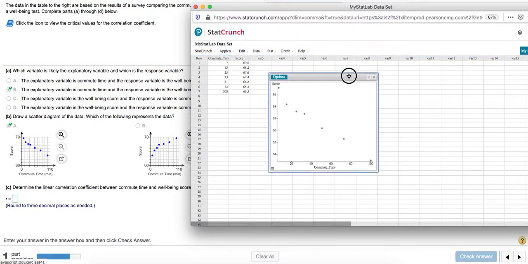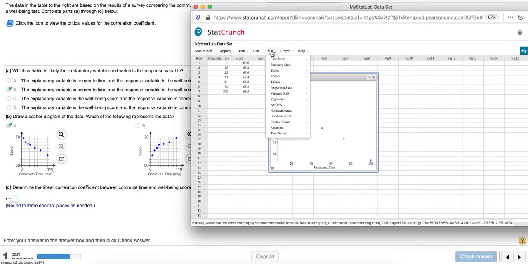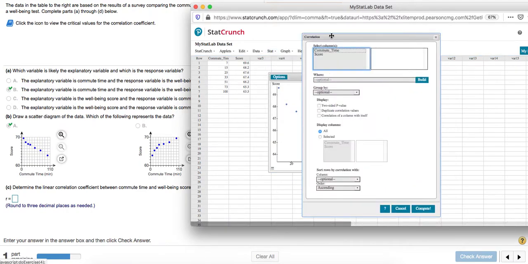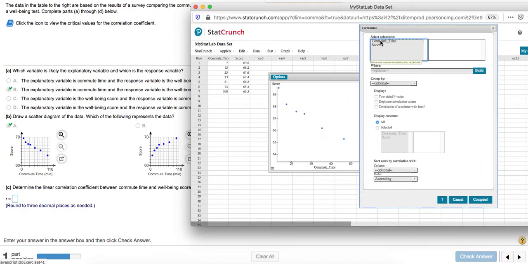So what I'm going to do is go into Stat, Summary Stats, and there's its own option for getting your correlation coefficient. All you have to do is select both of these columns. So I'm going to click on commute time, my x variable, hold down Command, and click Score, so I see them both over here, and it will compute the correlation coefficient for us.